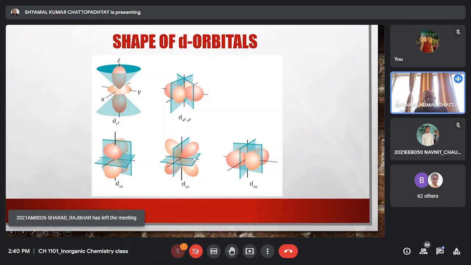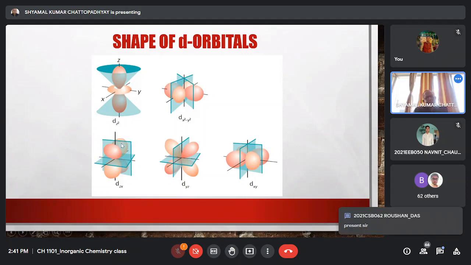And finally, for dxz, the 4 lobes are in between the x-axis and z-axis, right? And here the nodal planes are again the xy plane, this basal plane, and we have the yz plane as a nodal plane.